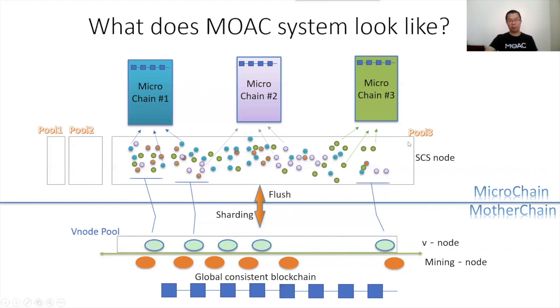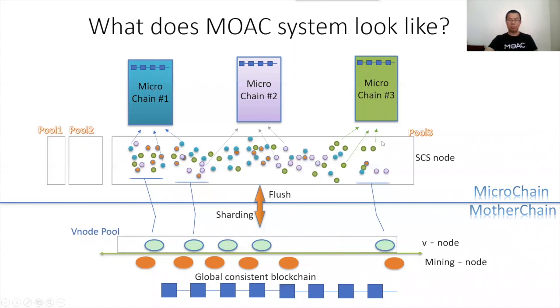Like one pool is a POS protocol. One pool is like proc wind. That's the name we call for a POS-like consensus model. So a lot of nodes can join into the pool, and they'll be ready to be rented for microchains.